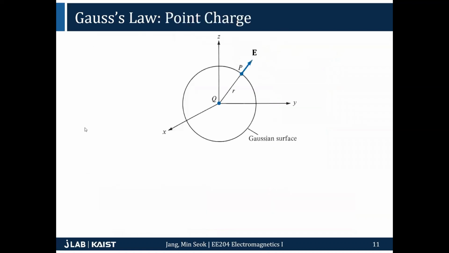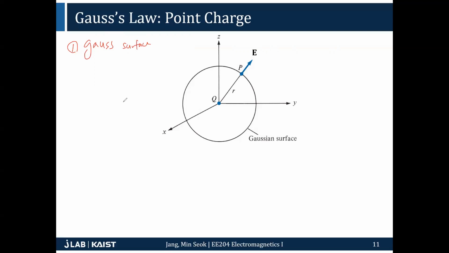So here, the simplest problem. Everyone knows how to apply Gauss theorem here, right? In order to apply Gauss theorem, what you need to do is to first determine the Gauss surface, right?